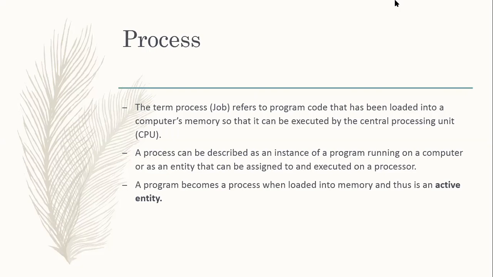Now, what do we mean by execution? What happens is that once you double click any program, it gets loaded into main memory. First of all, it is in the hard disk.